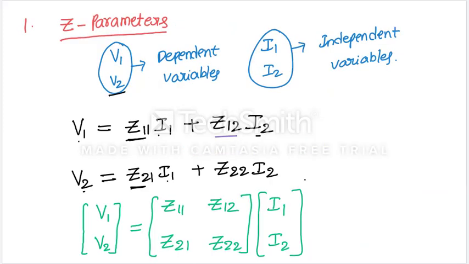Now you can see here, if I call this V1, this voltage, I can simply say this is one KVL equation, and this is also one KVL equation. Now, can I develop the network for these equations?